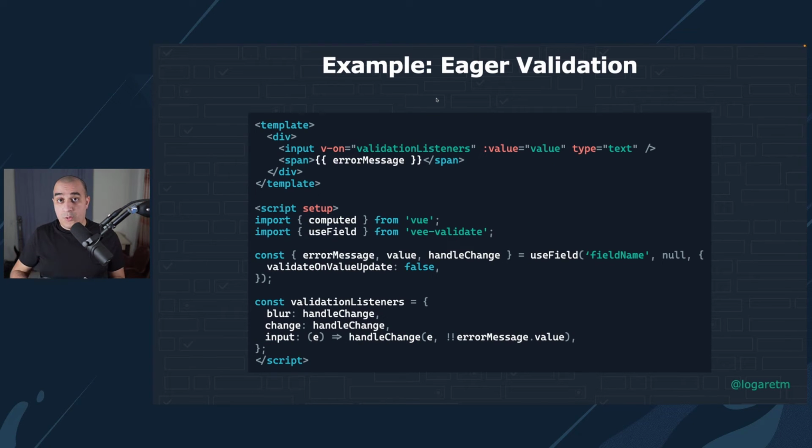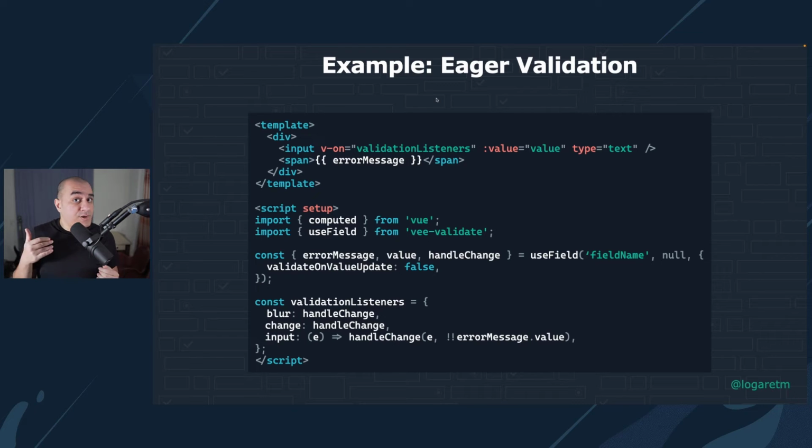Right now, I'll show you a quick succession of examples that illustrate the power and flexibility of the composition API with vee-validate. So first, we have something called eager validation. Eager validation is a behavior where your validation trigger changes depending on the validity of the field. Sometimes you don't want the field to validate on each keystroke, but instead you want it to be lazy.